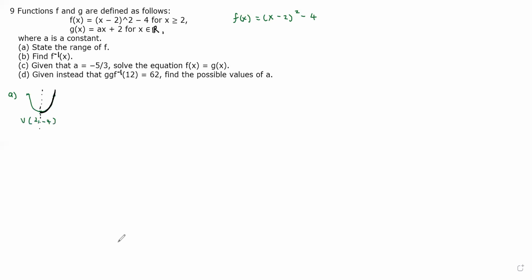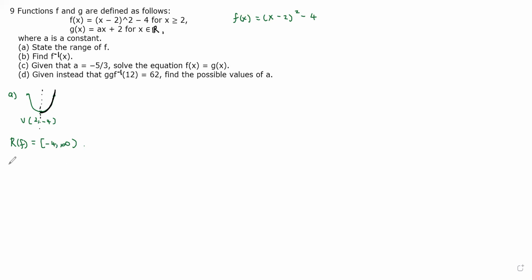And we can see that the minimum y value is -4, and y is greater than or equal to -4 for this part of the function where f is defined. So the range of f is from -4 through infinity. That gives us the range of f.